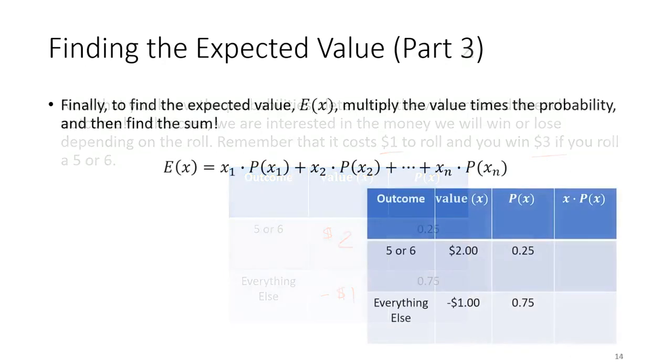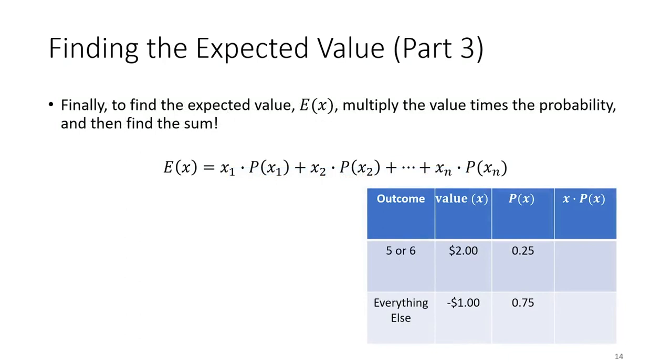So now to find the expected value, we want to multiply the outcome value times the probability. So x times p of x and x times p of x, and then we're just going to add all of these together. $2 times 0.25 is going to leave us with 50 cents. Negative $1 times 0.75 is going to leave us with negative $0.75, or losing 75 cents.